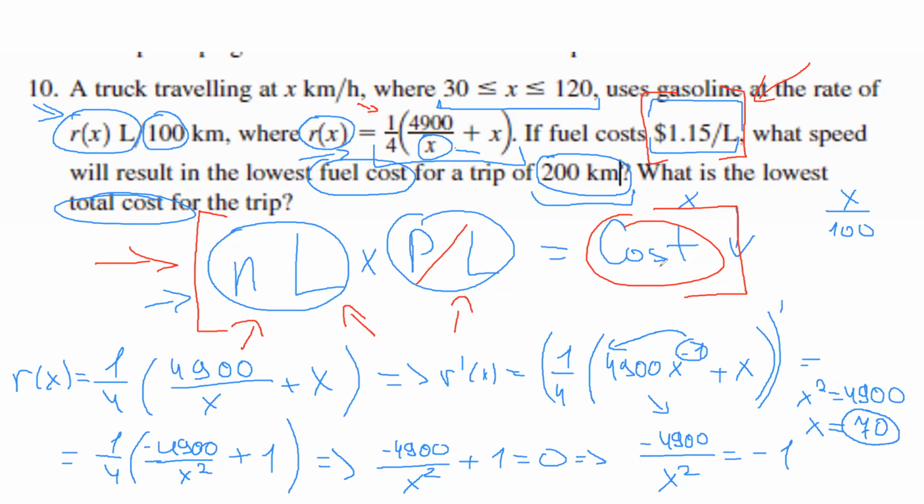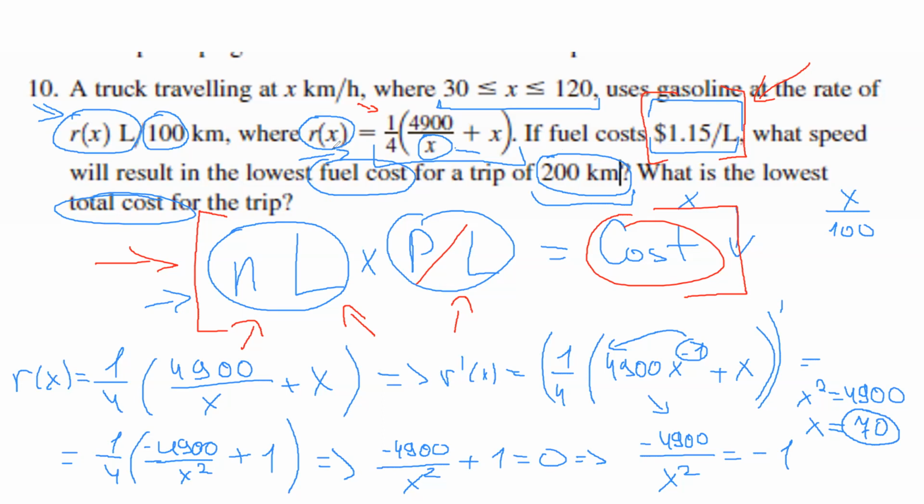Okay, so 70 is liters, and we have 70 kilometers per hour. And we have 70 liters for 200 kilometers. No, you shouldn't write it just like that.